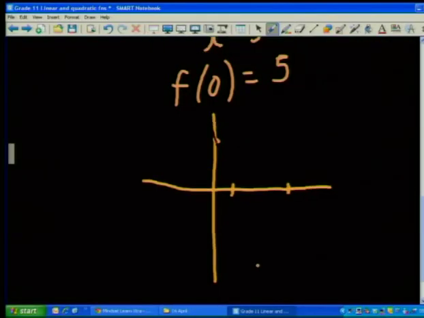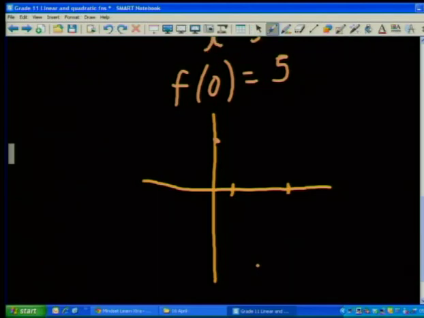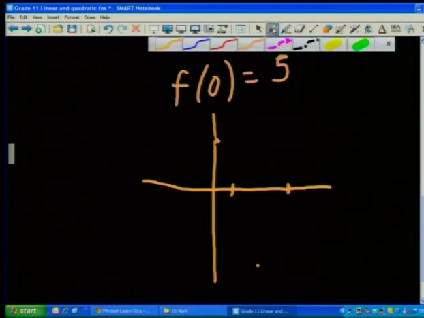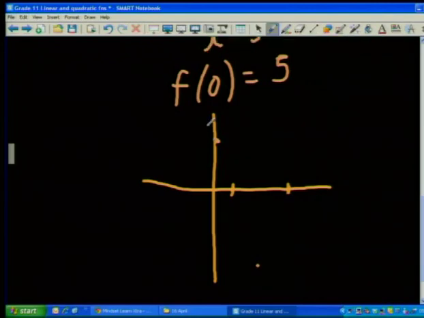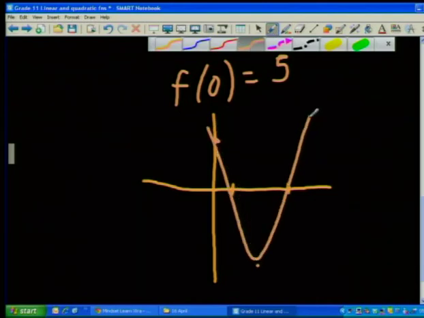So all you're going to do, if I can do it, let's just quickly undo that. All we're going to do is join those points. Woo! Okay, not quite like that. Let's try that one more time. Finally, success. Okay, so that's the graph you're going to have.